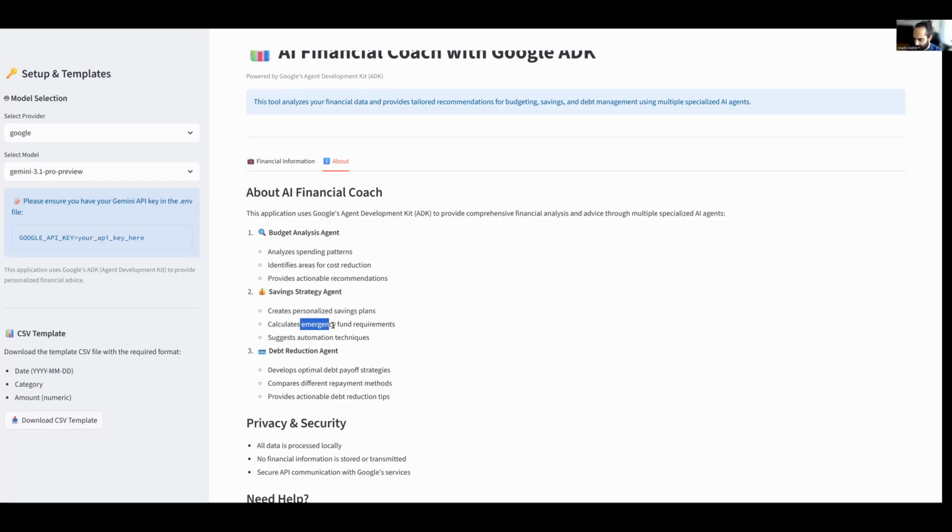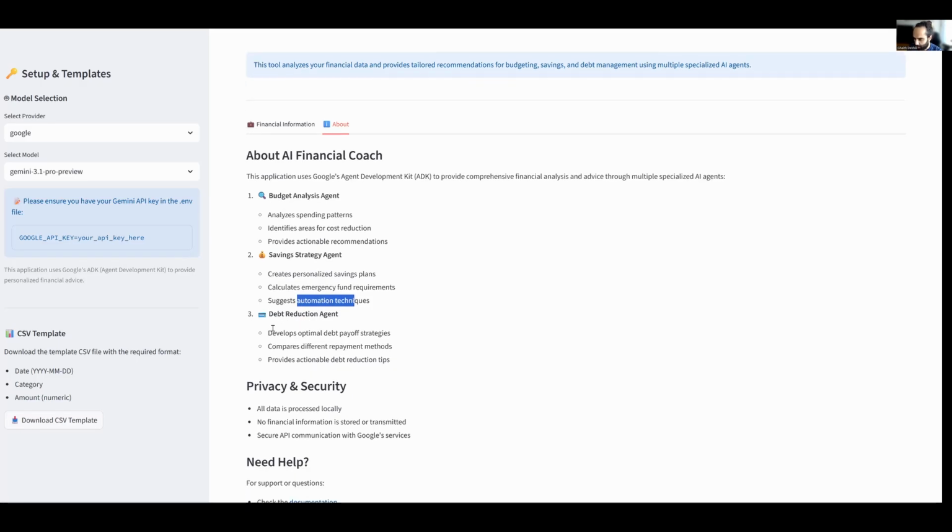It calculates the emergency fund and suggests automation techniques. And we have a final one which takes into consideration the debts that we inserted in the beginning and develops payoff strategies, compares some repayment methods, and provides actionable debt reduction tips.